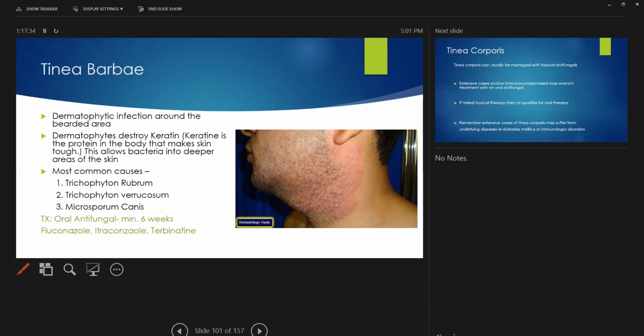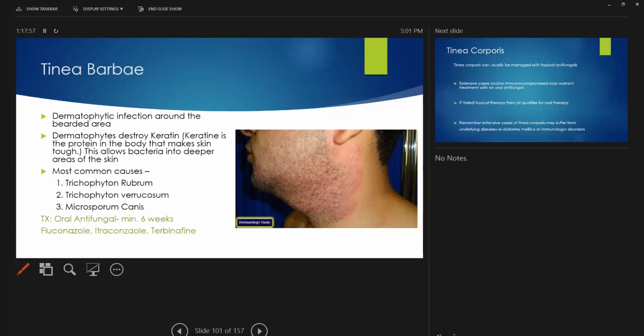So common causes are Trichophyton rubrum, Trichophyton verrucosum, and Microsporum canis. Basically, it's just treatment with an antifungal, usually an oral antifungal, for about 6 weeks to treat this type of tinea barbae.